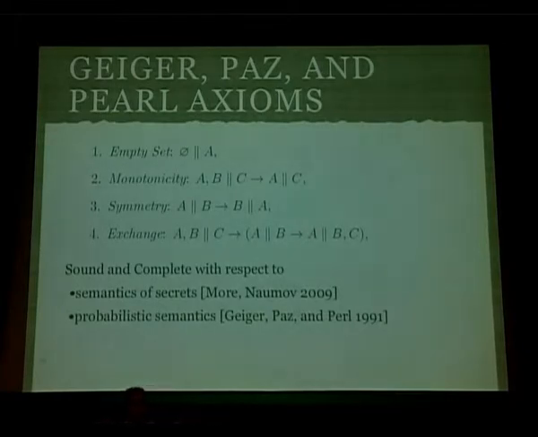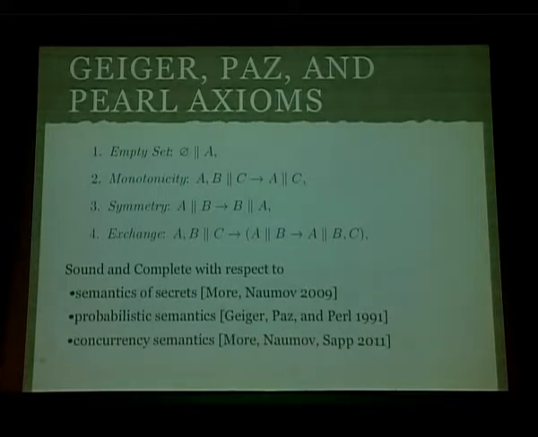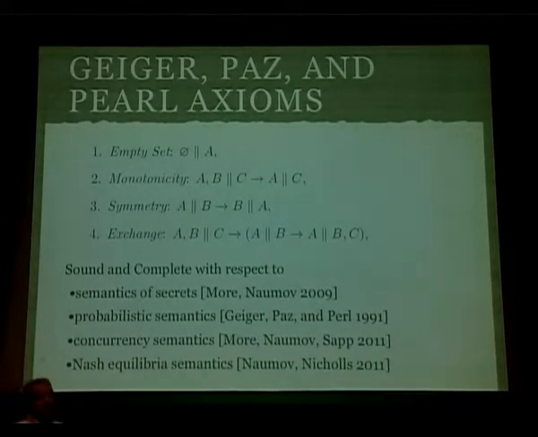It has exactly the same properties, and the system of axioms is complete for this probabilistic semantics. It also turns out that the same axioms are complete for the non-interference relation between concurrent processes, and also for the interchangeability relation of Nash equilibria, which is a very old relation from game theory that goes back to one of Nash's original papers on Nash equilibrium.